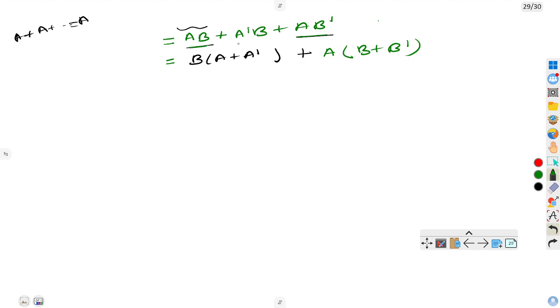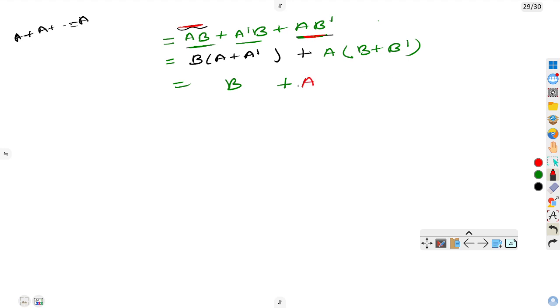In this, I took the common B in these two variables. If you take the common B, A plus A bar. So this result you will get B, plus this one and this one. I took common A here, so A, B plus B bar.